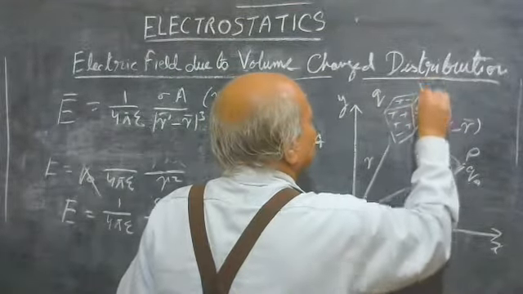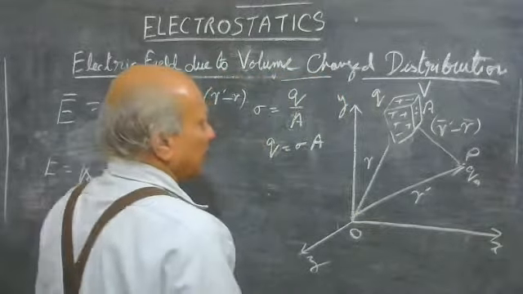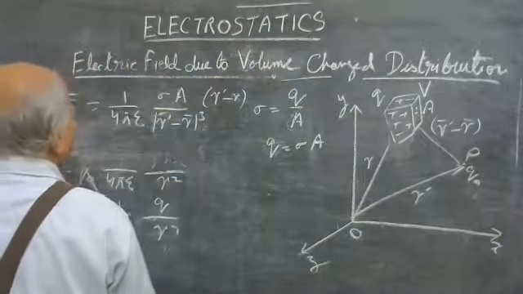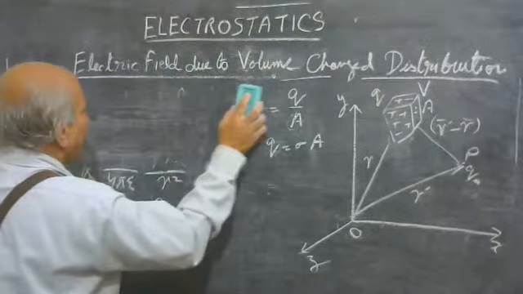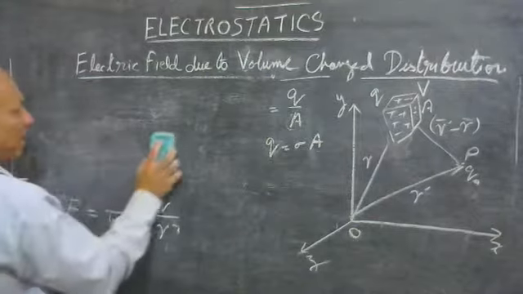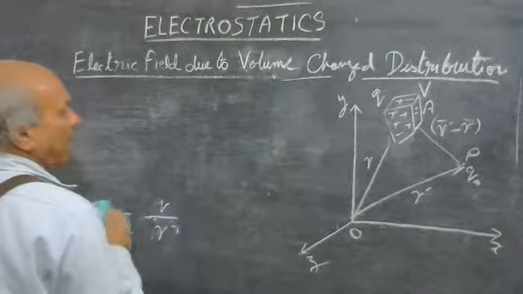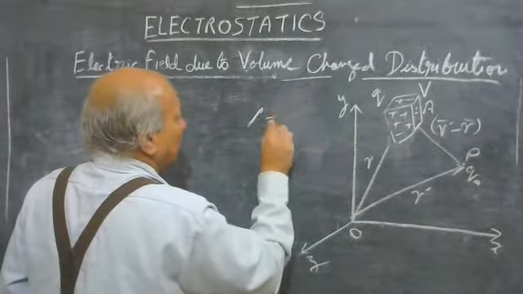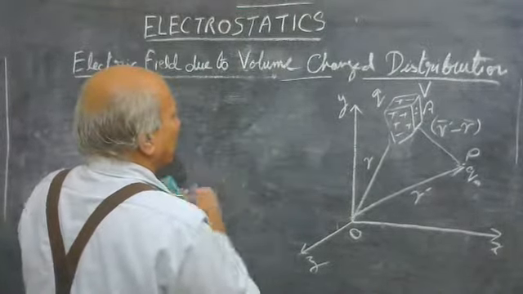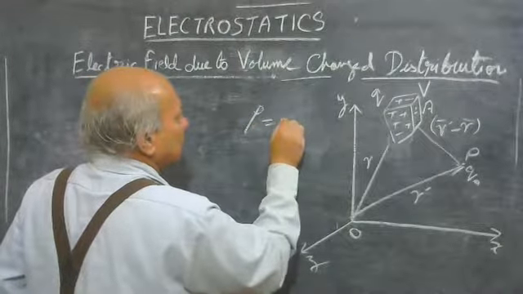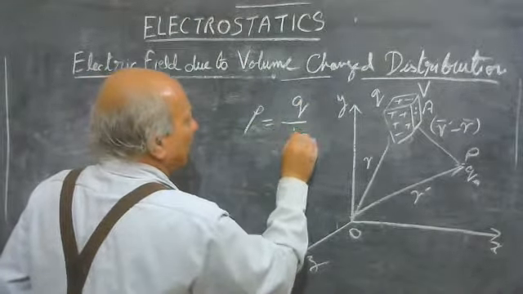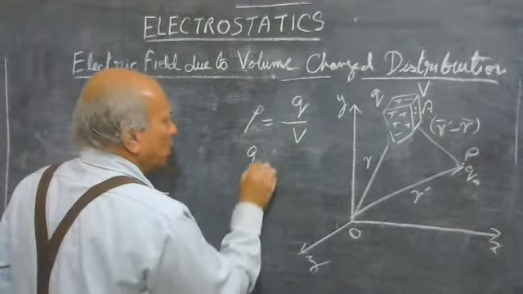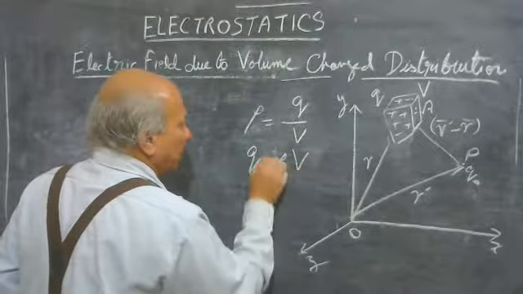Its volume is V. Rest is the same, and this is Q naught charge. Now rho is equal to charge upon volume, that is volume charge density, and Q is equal to rho into V.